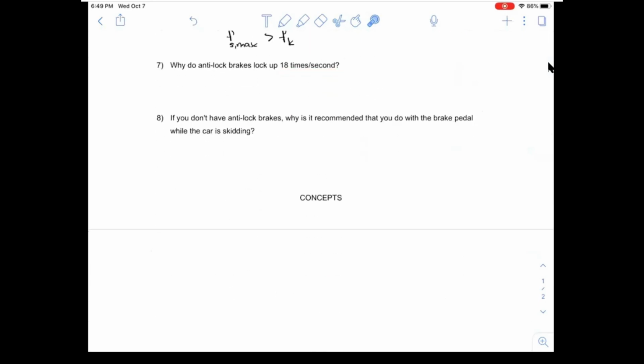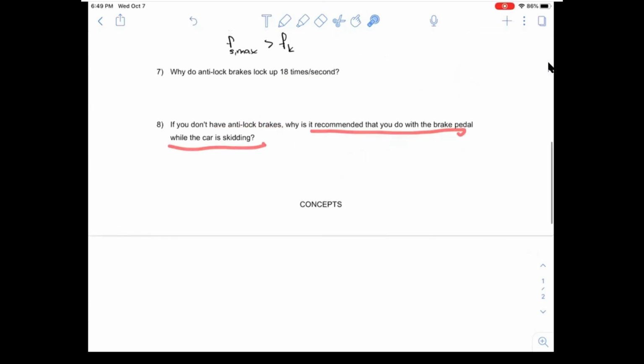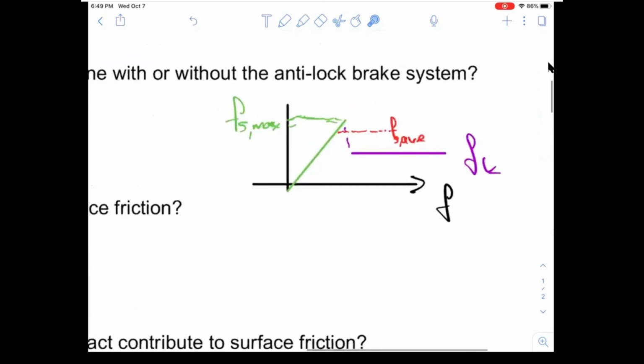Okay, so if you don't have anti-lock brakes, what is recommended? Why is it recommended that you do something with the brake pedal while the car is skidding? If you don't have the anti-lock brake system, instead of locking up the brakes, what's the better thing to do? I don't know if it's the best thing to do, but usually it's to pump the brakes, right? Just pump the brakes. The problem with pumping the brakes, I wonder what the data on that is.